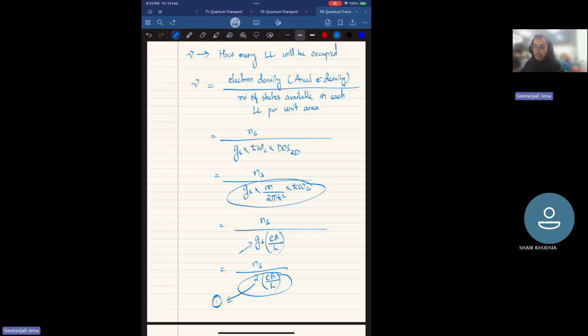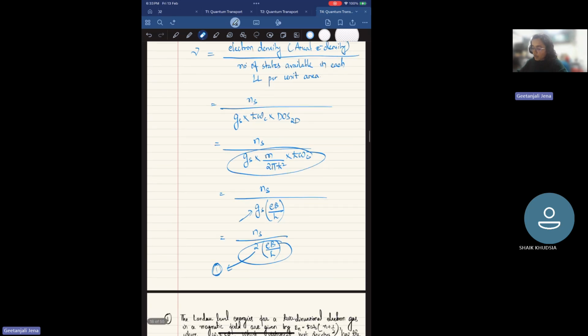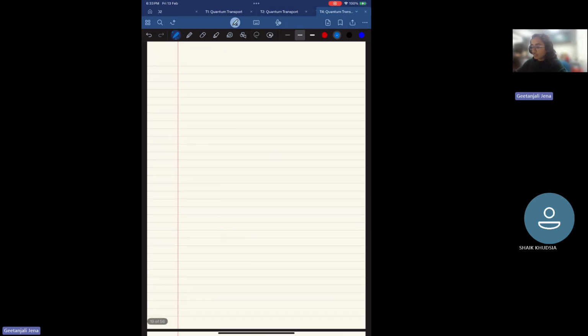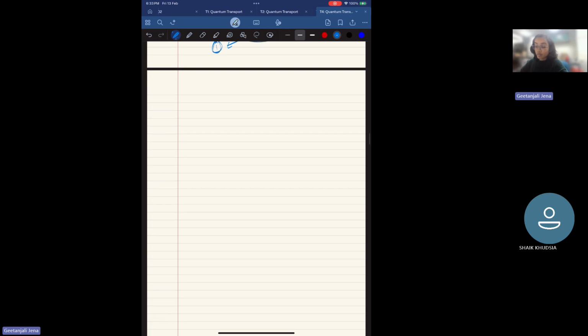Otherwise, if the question says it is spin degenerate, then you can take 2eB by h. But if it says the spin degeneracy is lifted, you should take Ns over eB by h. So this is about the number of states that will be available, and the number of Landau levels available for a given magnetic field.